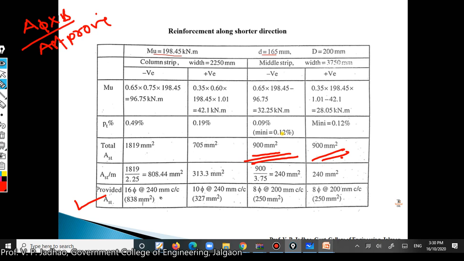For negative steel the spacing is 240 mm center to center, and for positive steel the spacing is 240 mm center to center, whereas for the middle strip, for 8 mm bars, the spacing is 200 mm center to center for negative steel, and for positive reinforcement the spacing is also 200 mm center to center. Now we will see one by one how this steel is provided.